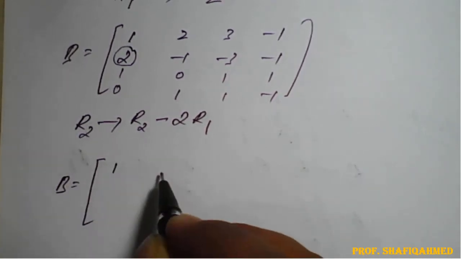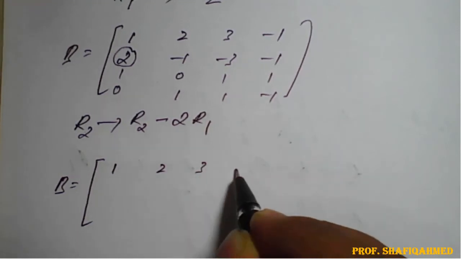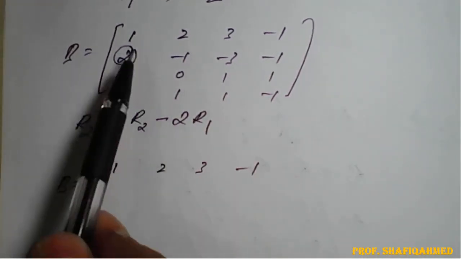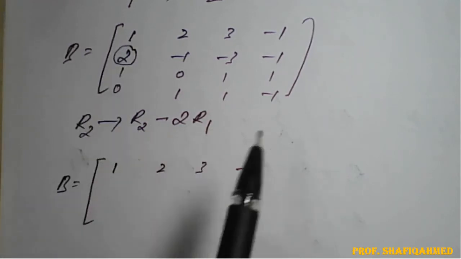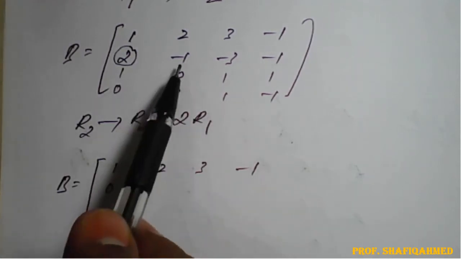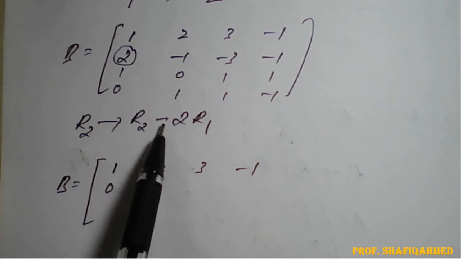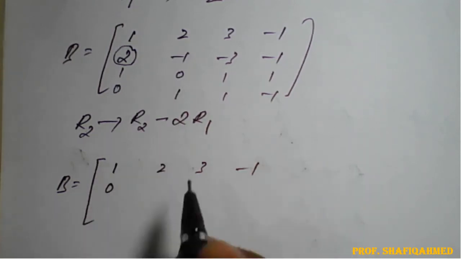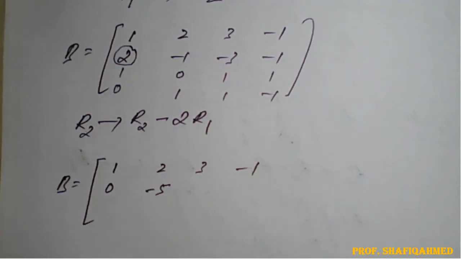first row as it is, 1, 2, 3, minus 1. For R2, that is 2 minus 2 times 1, so 2 minus 2 is 0. Then minus 1 minus 2 times 2, 2 twos are 4, minus 1 minus 4 becomes minus 5. Hope you got this point.